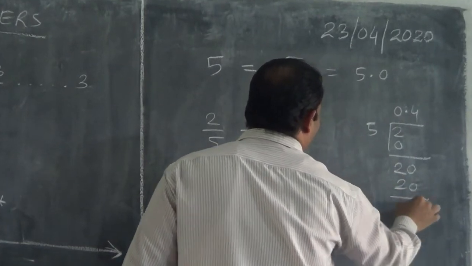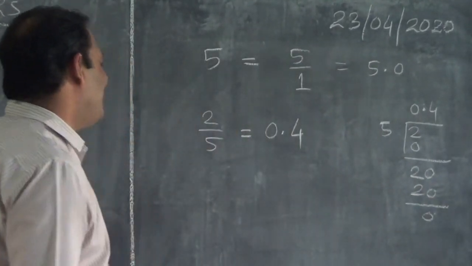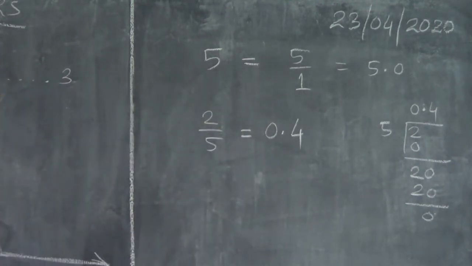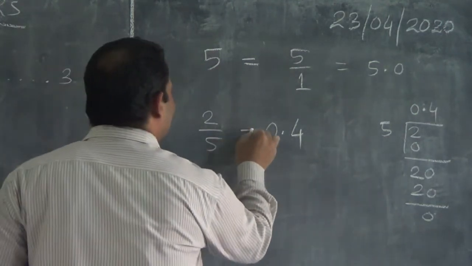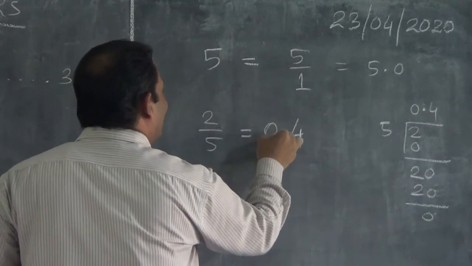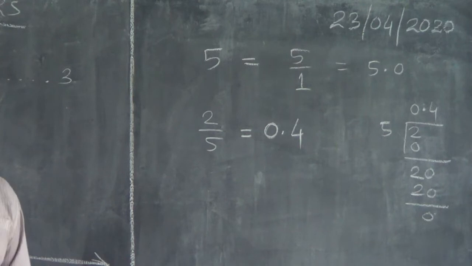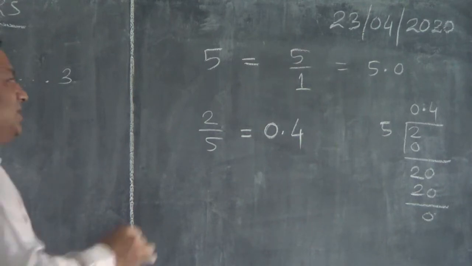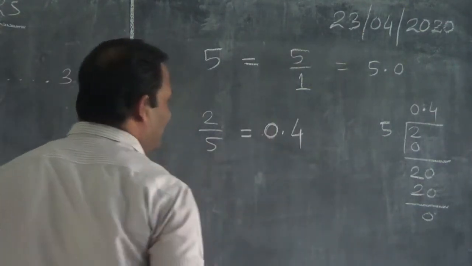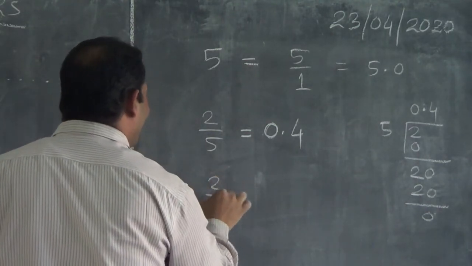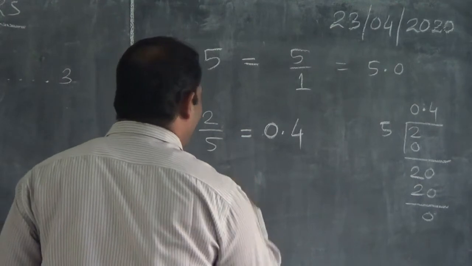So now it is terminated here. So it is a terminating decimal. All kinds of fractions can be expressed in decimal form, but some fractions will give terminating decimals, and some will give recurring decimals, like 2 by 3.